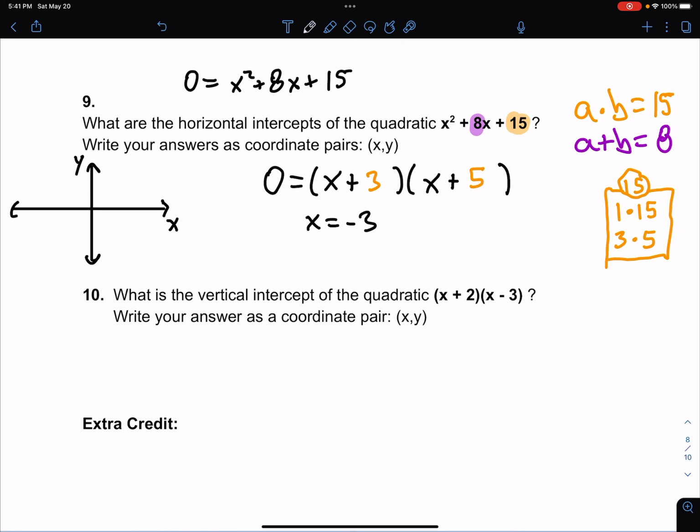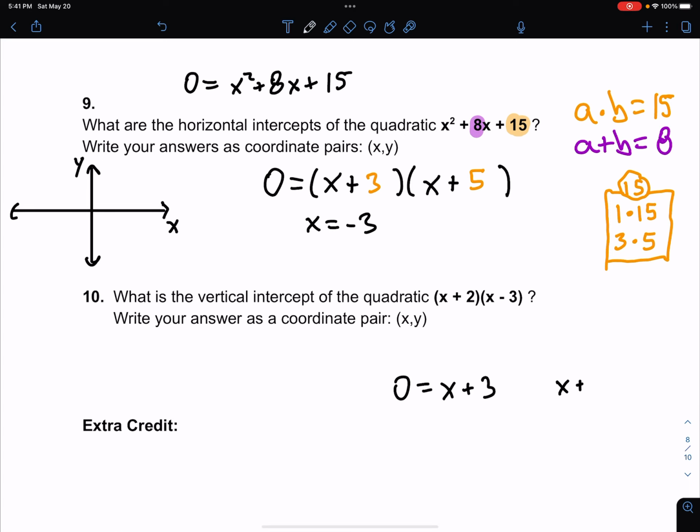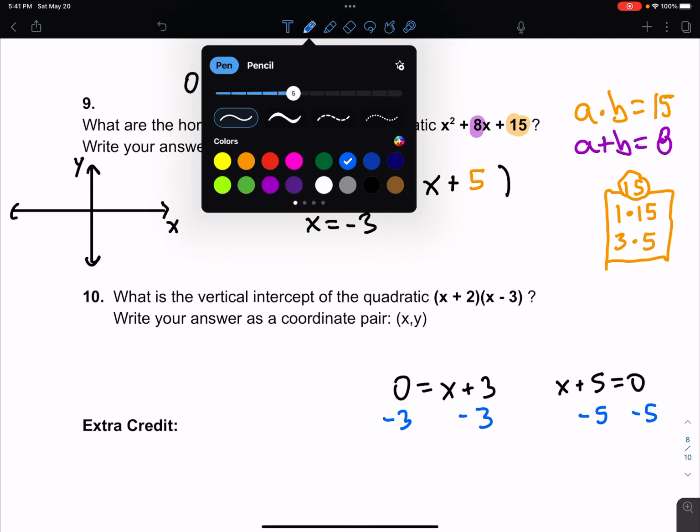Here, let me tell you something. Some of you might want to go, hey, if you like your inverse operations and you feel more comfortable doing this, set them both equal to 0. Then do your inverse operations. You don't necessarily need to do this. This kind of helps you understand. For some people, they might like this better. Set both factors equal to 0.